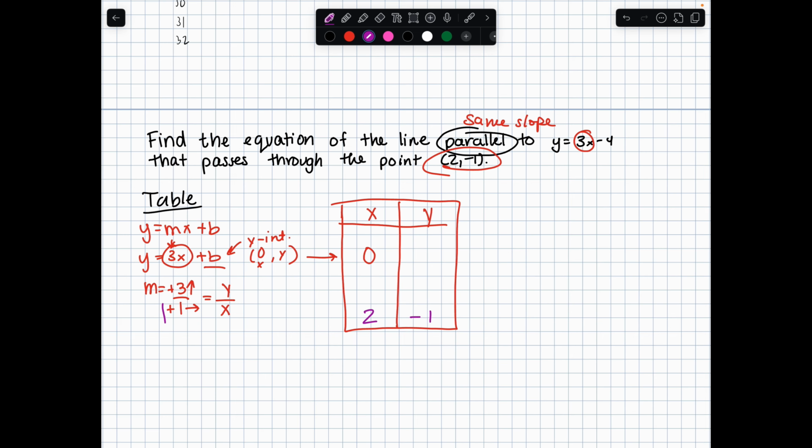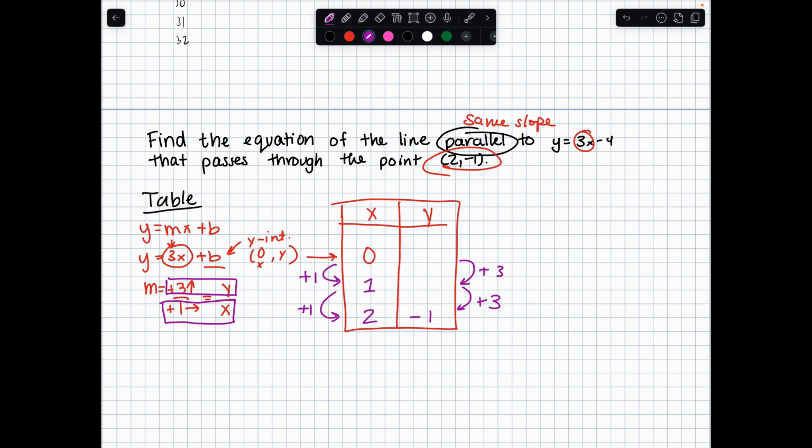So we see the pattern in the x values as plus 1. So 0 plus 1 is 1. 1 plus 1 is 2. So we stop there because we already have (2, -1). Now, let's see the y values. In the y values, it's adding by 3. Plus 3, plus 3.